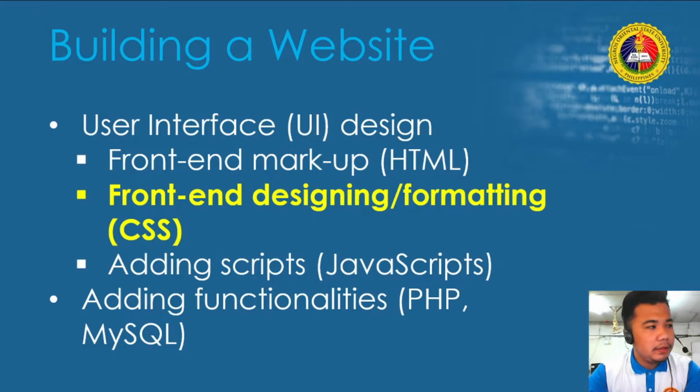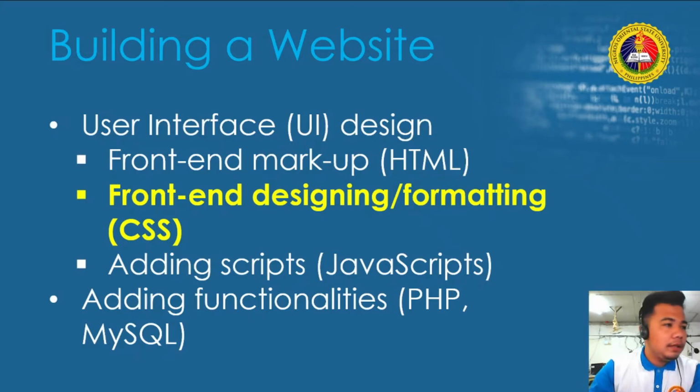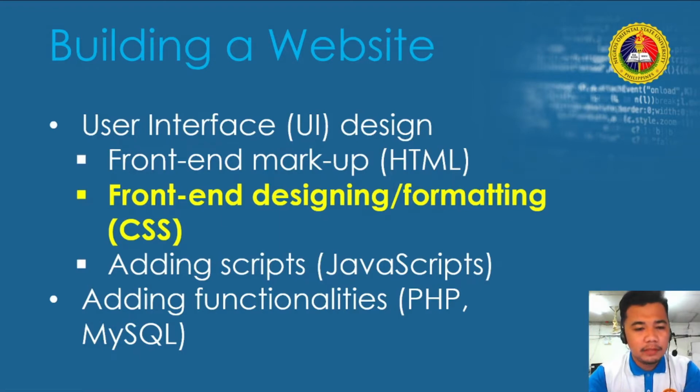We will start with the user interface design, and again, last lesson we've discussed the front end markup using HTML. This time we'll be working with front end design, basically formatting using CSS, and next we will be adding script and adding functionalities like using PHP and MySQL.